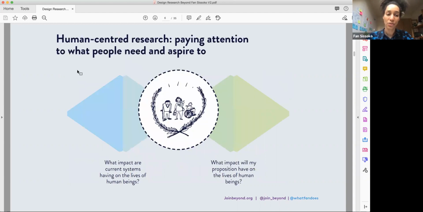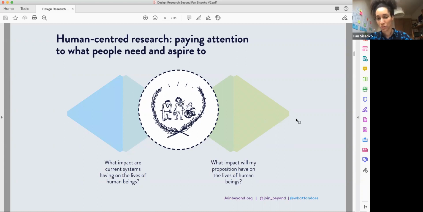And the whole process is human-centered, which means that people are at the center of it. When you're starting your project and first looking at the problem and at the challenge, the question you're asking is along the lines of what impact are current systems having on the lives of human beings who are actually experiencing this challenge.